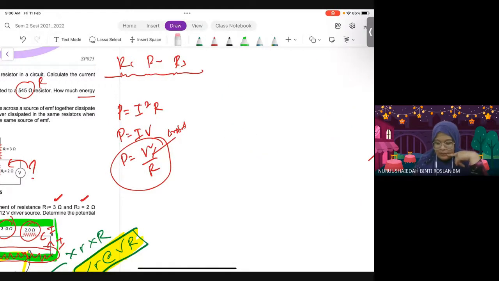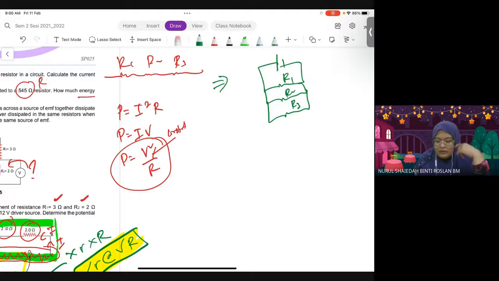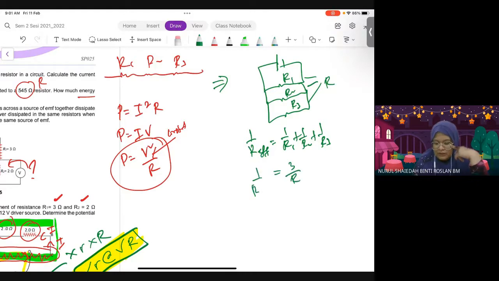Sekarang ni kita nak tukar dia daripada ni kepada parallel. Parallel. Okay. R1, R2, R3. Okay. So kalau yang ini 1 over R efektif saya adalah 1 over R1 tambah 1 over R2, 1 over R3. So R je lah, kita letak R. Kita anggap dia sama je lah R. So dia akan dapat 3 per R lah. So R efektif saya akan adalah R over 3 lah. Okay.